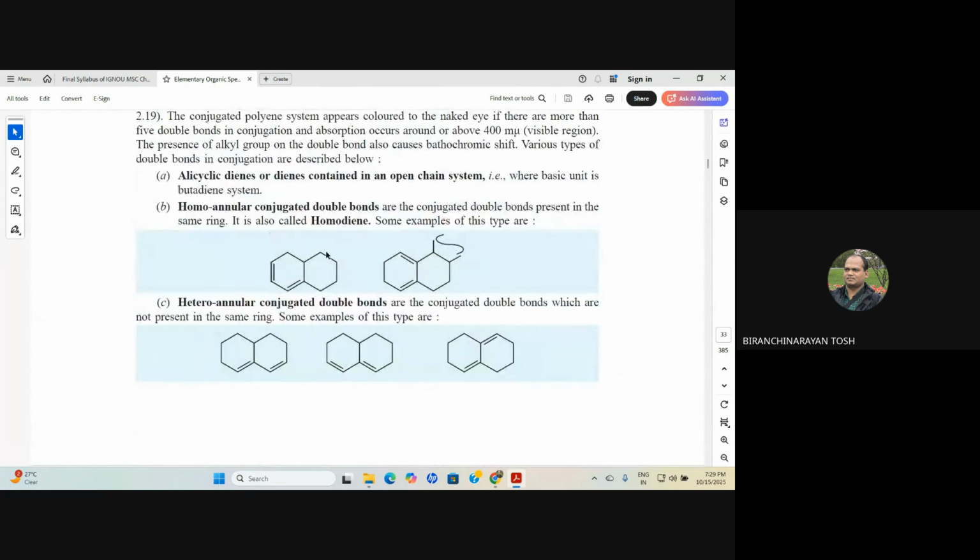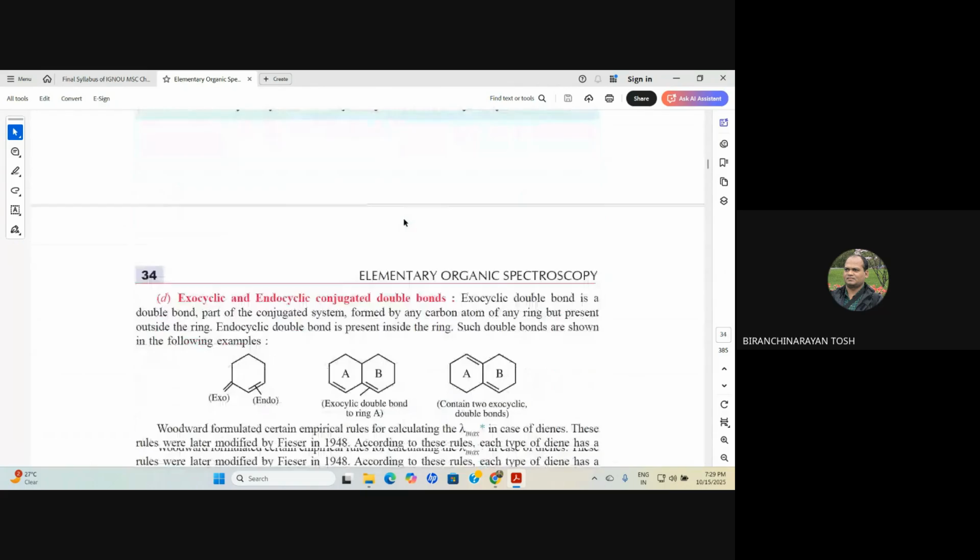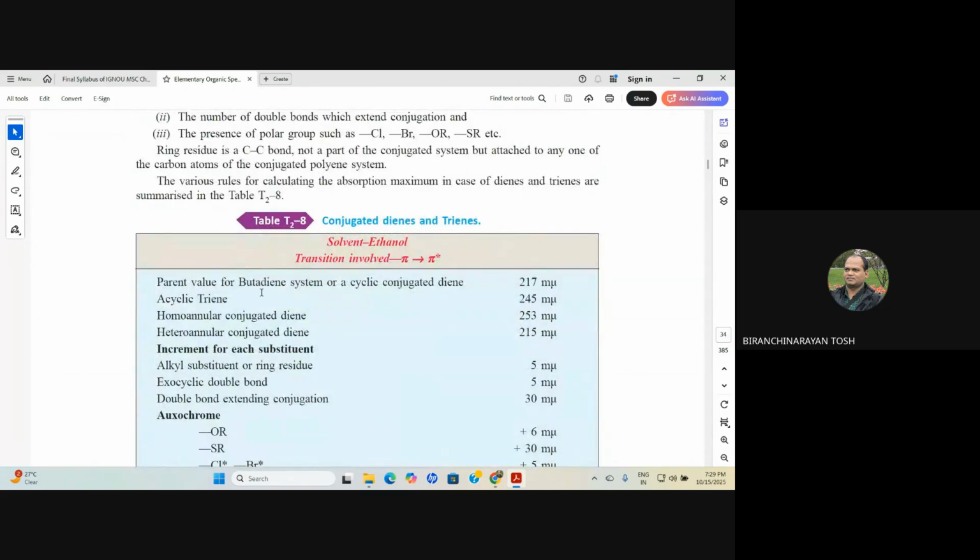This one is homoannular, this is alicyclic. For butadiene or diene system or acyclic conjugated diene, it is 217. Acyclic triene 245. Homoannular it is 253, and heteroannular conjugated diene is 215.